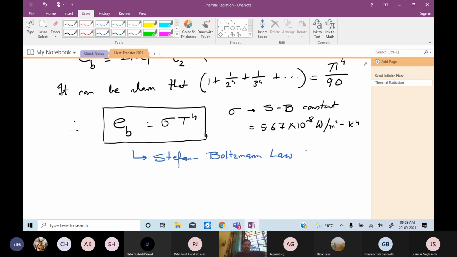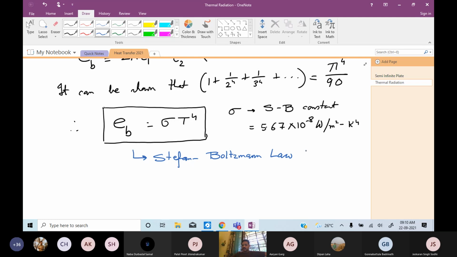It looks easy, and you may be wondering, what was the big deal? Somebody already did something, you just did an integration based on the definition and you have a law in your name. We have solved such problems in JEE. The truth is, Planck's law came about 50 years after Stefan-Boltzmann law.